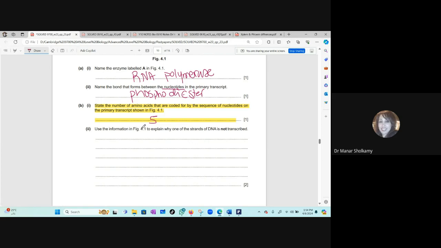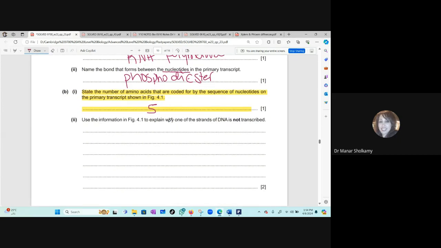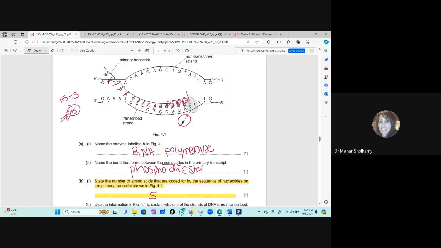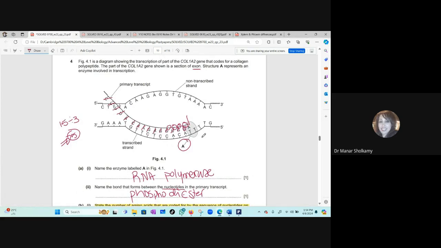Use the information in figure 4.1 to explain why only one of the strands is transcribed and not the other. Why only one of the strands is transcribed, not the other strand? Now, this is also critical thinking. Do these strands have the same sequence of bases?